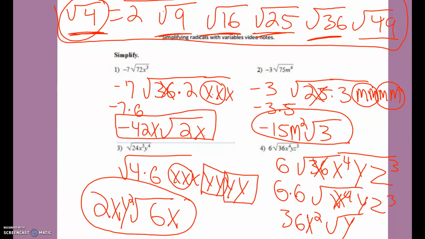And then you could get 1 group of z's, so a group of 2 will come out. 1 stays in. And then that's my final answer for the variables. Okay? So variables are hopefully not too difficult. Again, you're looking for groups of 2.